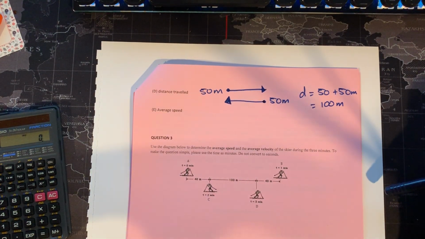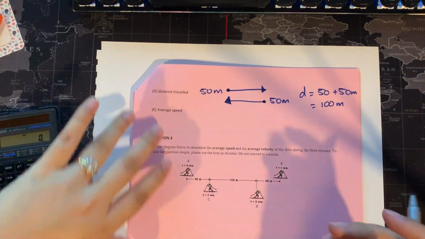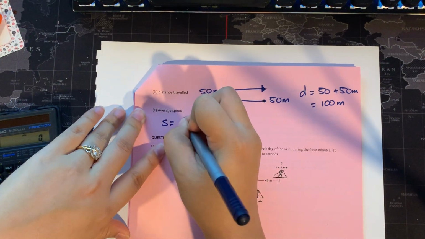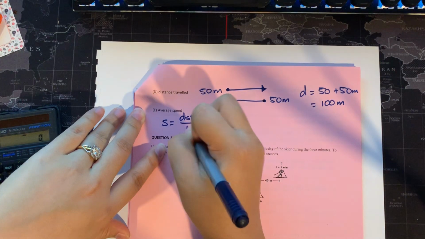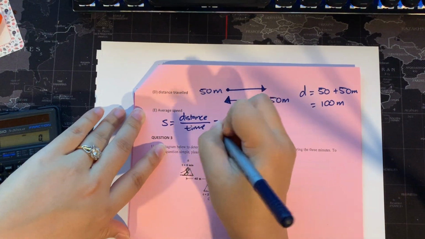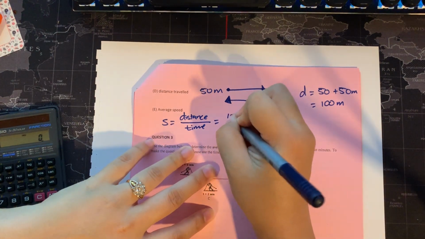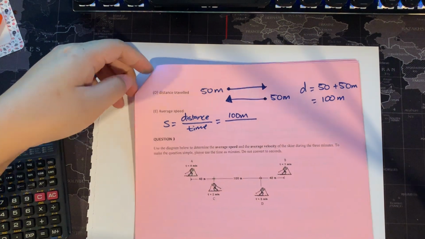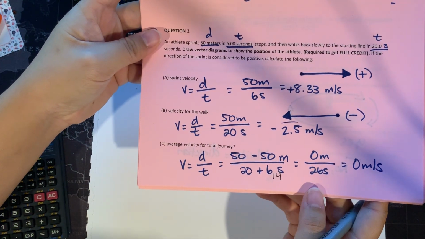Alright, now we're going to work on average speed. Remember, speed, we don't care about direction, right? And yeah, speed is equal to your distance divided by your time. So now we know his total distance, total ground he covered was 100 meters. Okay, we learned from the last problem, remember, right down here, his total time for everything was 26 seconds.